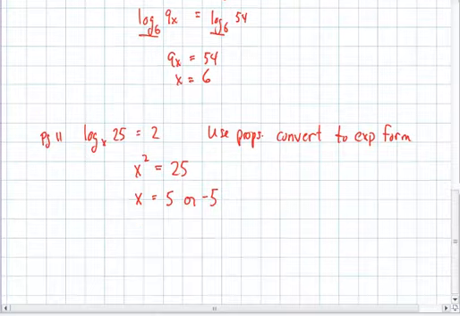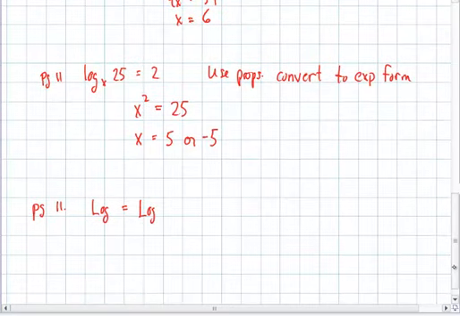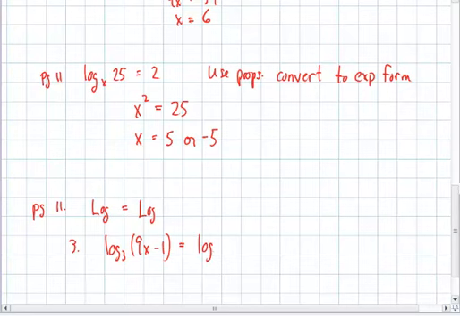And then we have one other type of problem that we did on page 11, and that would be where you had logs on both sides, just a log equaling another log. Just make sure the bases are the same. So I'll highlight number 3, and that said log base 3 of 9x minus 1 equals log base 3 of 4x minus 16.